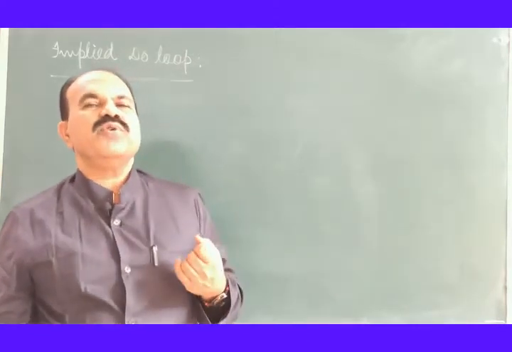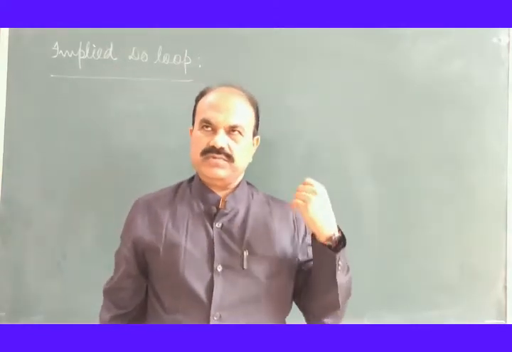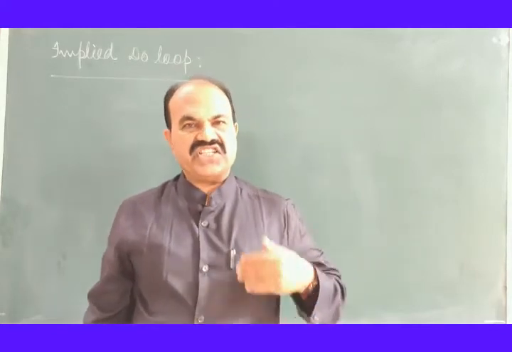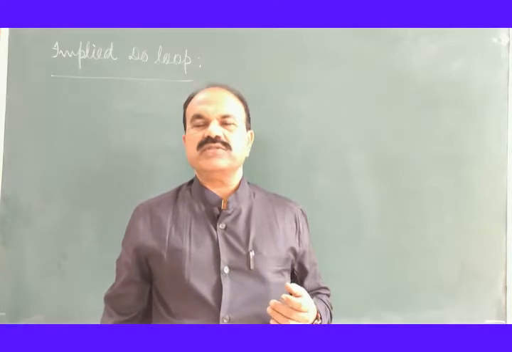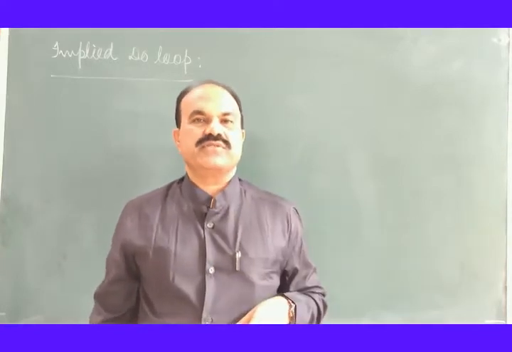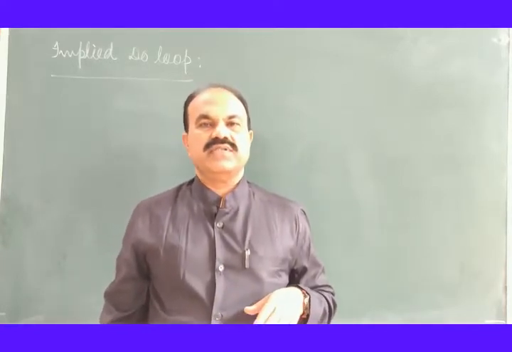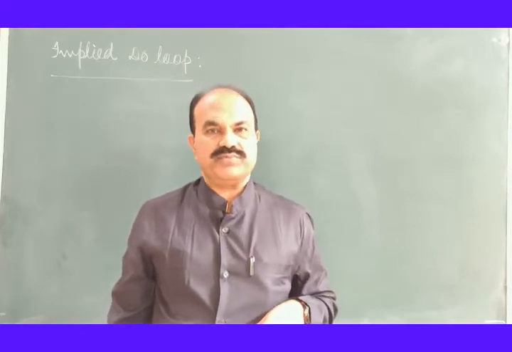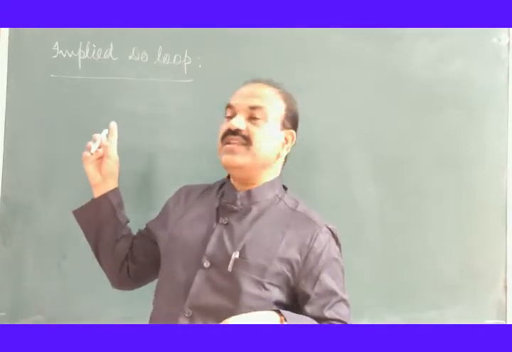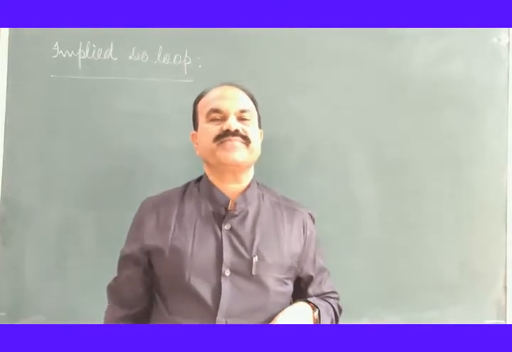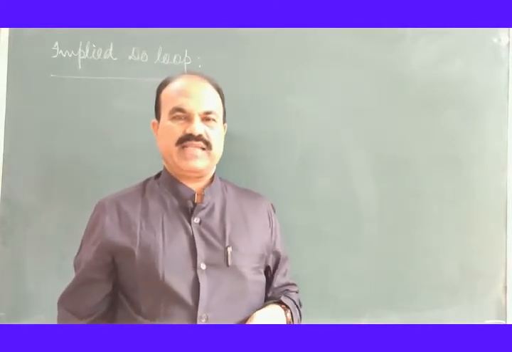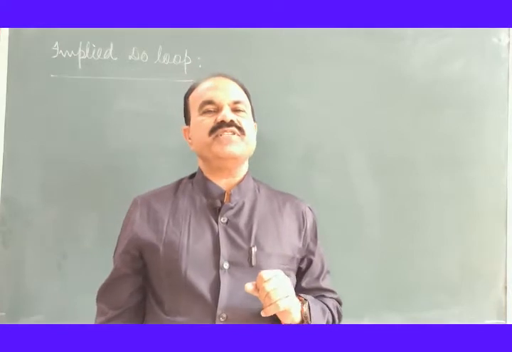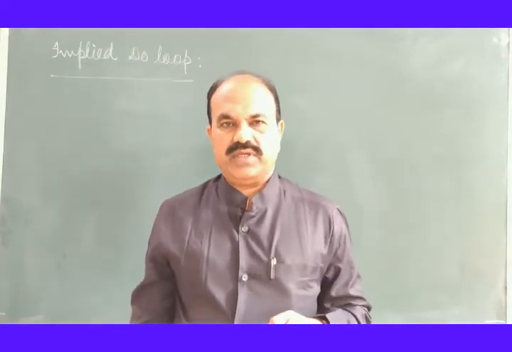We already talked about do loop. We talked about nested do loop. We talked about 11 rules of how to use do loop. Now this is a new thing, that is implied do loop. Let us see what is the meaning of implied do loop.